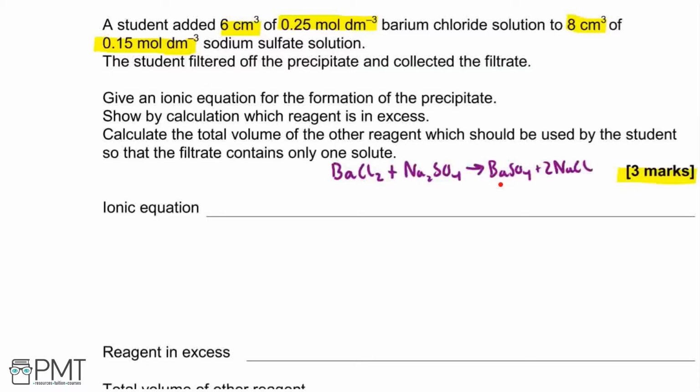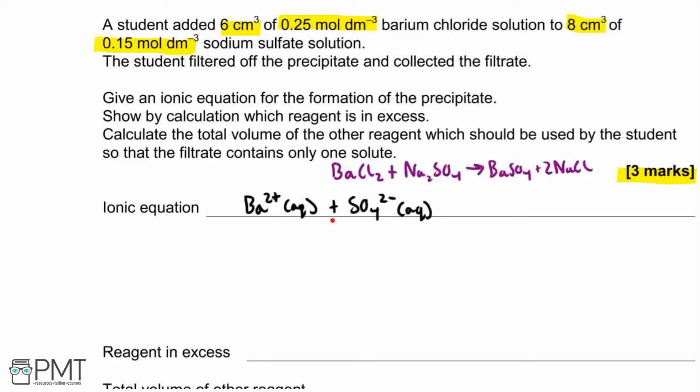So we can use this to start writing our ionic equation, as the formation of this precipitate is going to be the aqueous ions coming together to form this solid precipitate. So our aqueous ions in this instance are Ba2+ (aq), our positive barium ion. Then we have our sulfate ion, SO4 2-, also aqueous at the moment.